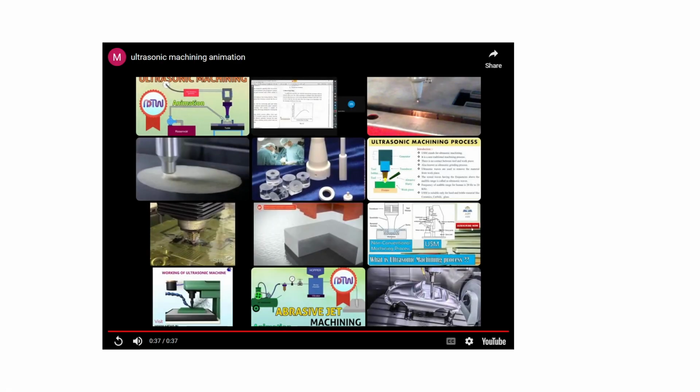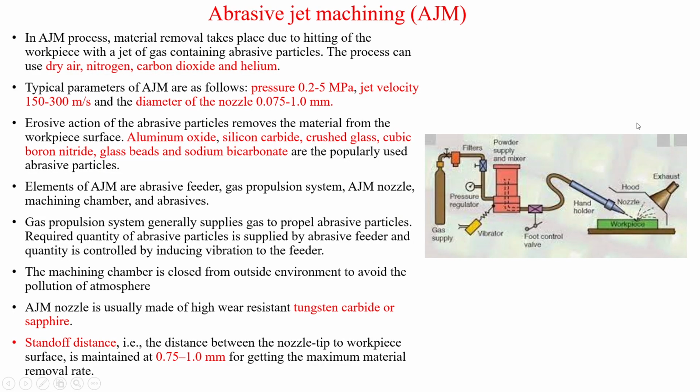Okay, now you have seen the video, and now we'll see the next process, which is abrasive jet machining. What happens in abrasive jet machining? In ultrasonic machining, only the abrasives were present in the slurry, and when the tool hits the slurry, the abrasives get pushed into the workpiece.